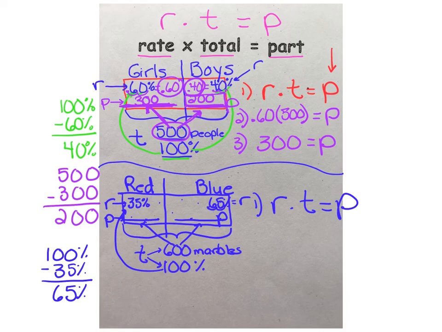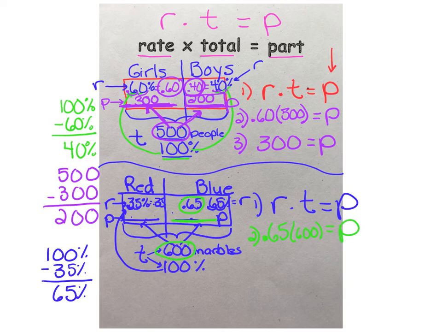I'm going to convert each of my rates to their decimal equivalent, 0.65 and 0.35. Since I'm looking for this part of the bar, I'm going to use the rate of 0.65. So let's plug that into the formula. 0.65 times 600 marbles total.